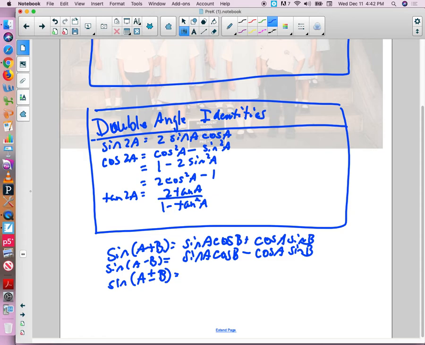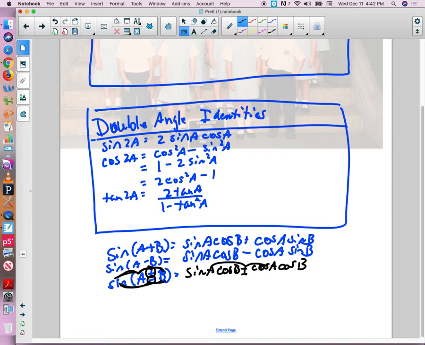So what you'll do is the top one will follow the plus sign, and the bottom one will follow the minus sign. So if you have sine a plus b, you would have this. And if you have sine a minus b, you would have that. So that way you read the top, sine a plus b gives you this.